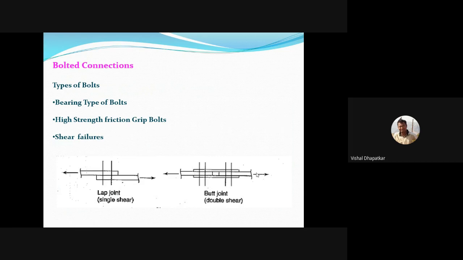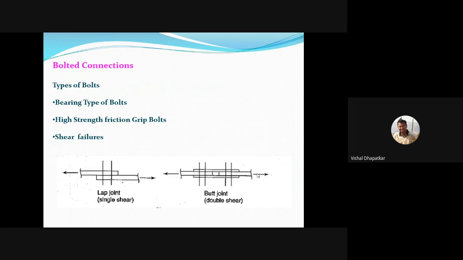Then type of bolts. There are two types of bolts. One is bearing type bolts and the other is high strength friction grip bolts. Right. So we'll see what is a bearing type bolt and a high strength bolt. Bearing type bolts means the bolts are not tightened fully or completely.